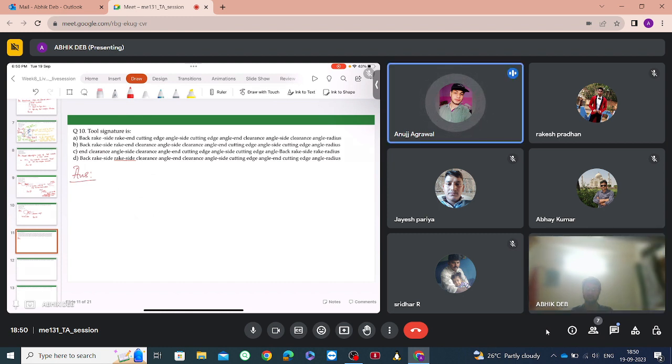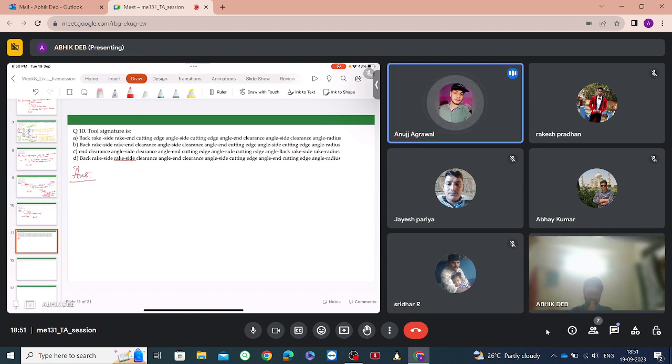Sir, tool signature are the various features of the cutting tool, like ASA tool signature, ORS tool signature. But what do they contain? What features do we specify in a tool signature?